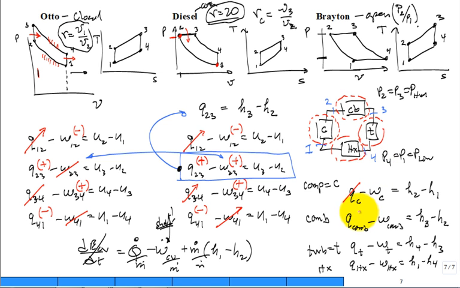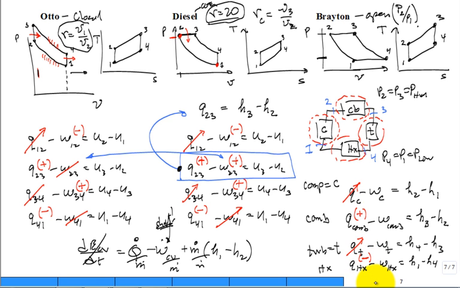There's a large positive heat transfer into the working fluid in the combustor. Make sense? How about for the turbine? Q turbine is 0. And then what about Q in the heat exchanger? It's negative.